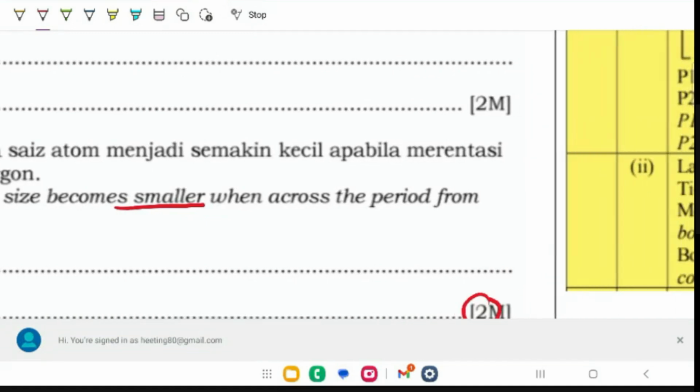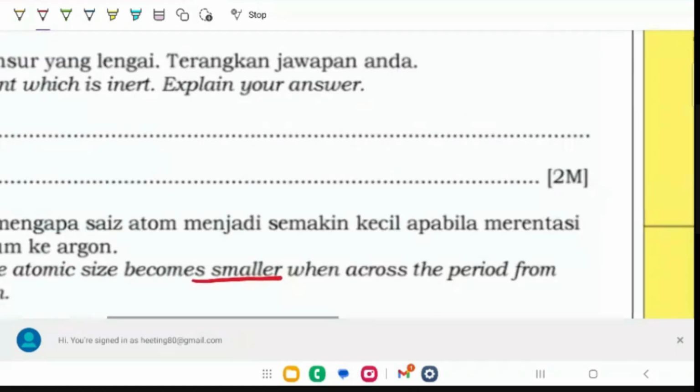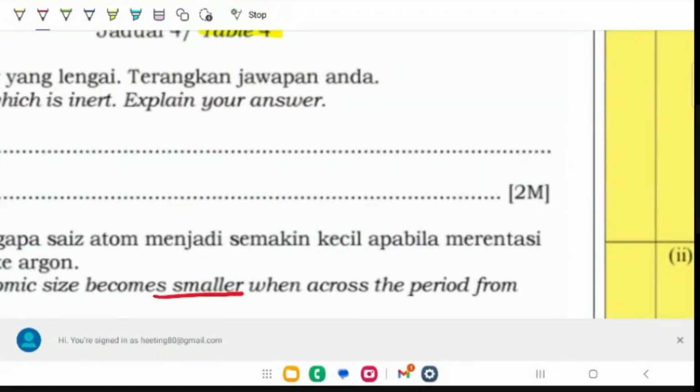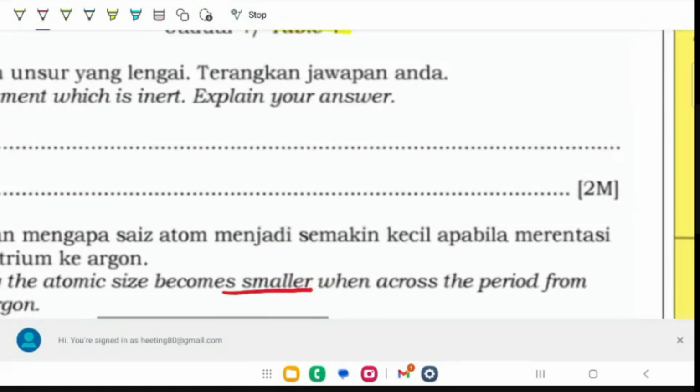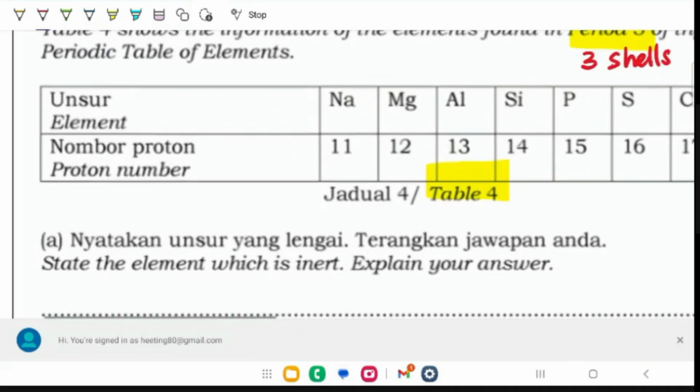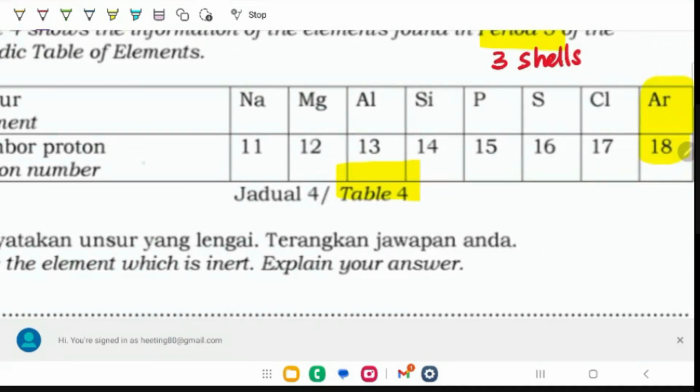Electrons, not accurate, but very close already. Number of valence electrons increase? Also not valence electrons. What is mentioned here? You see here? Sodium, proton, 11. Proton, yeah.